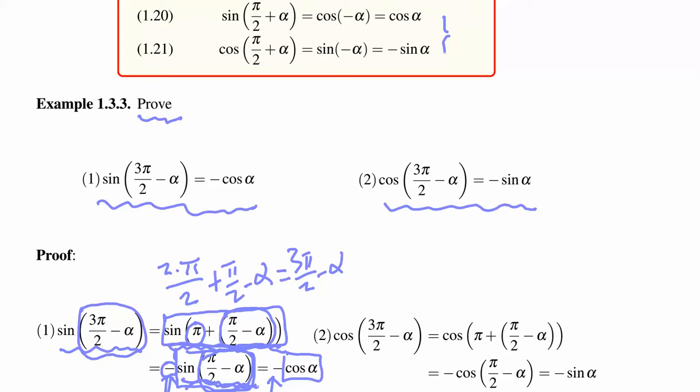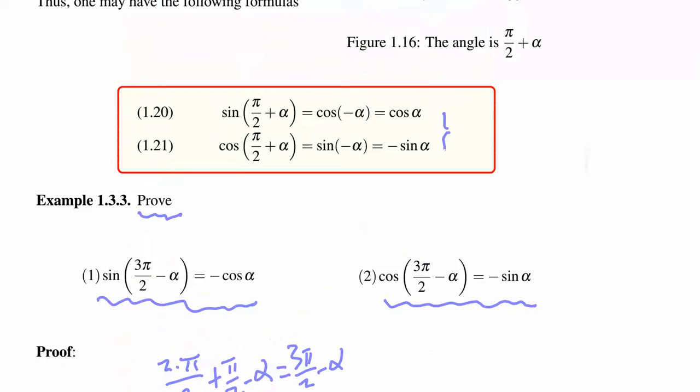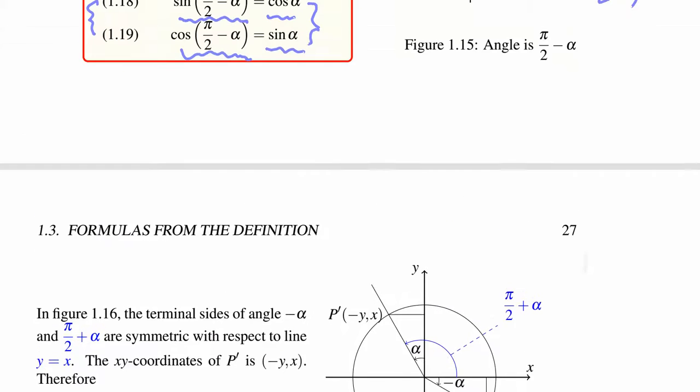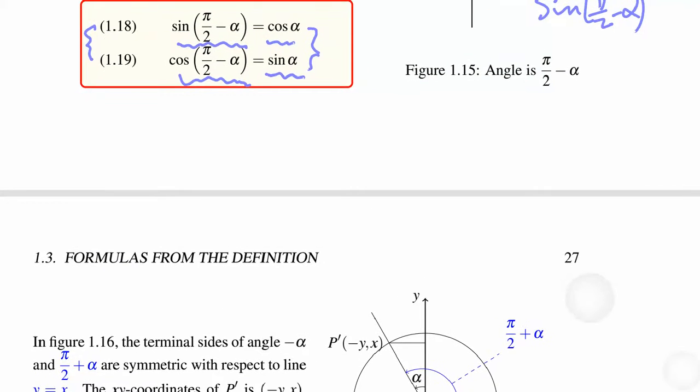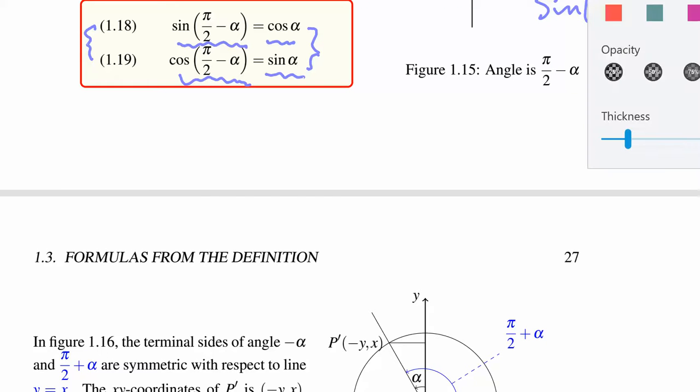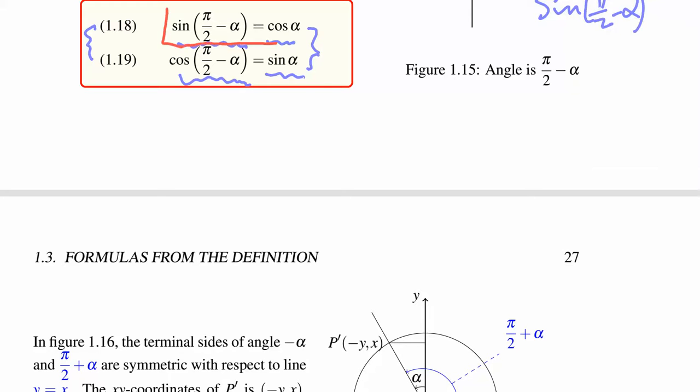That's the formula from where? Not this group, but the formulas we did before, right here. Okay, so you see the formula here. This was the one, sine pi over 2 minus alpha is cosine alpha.